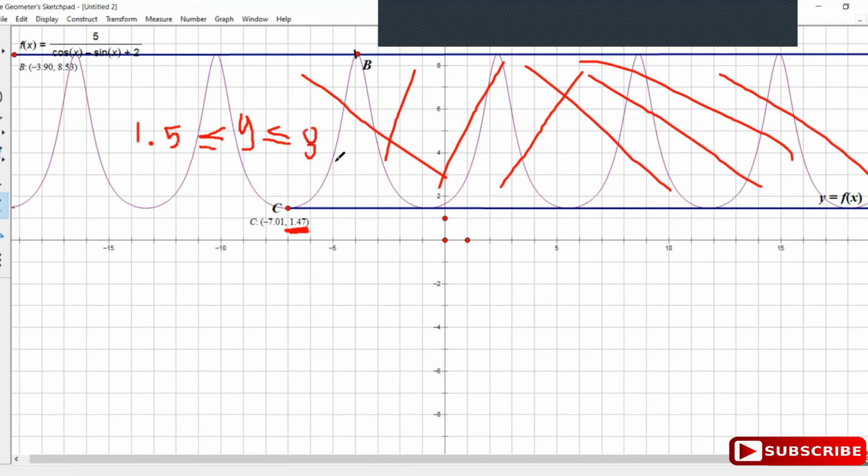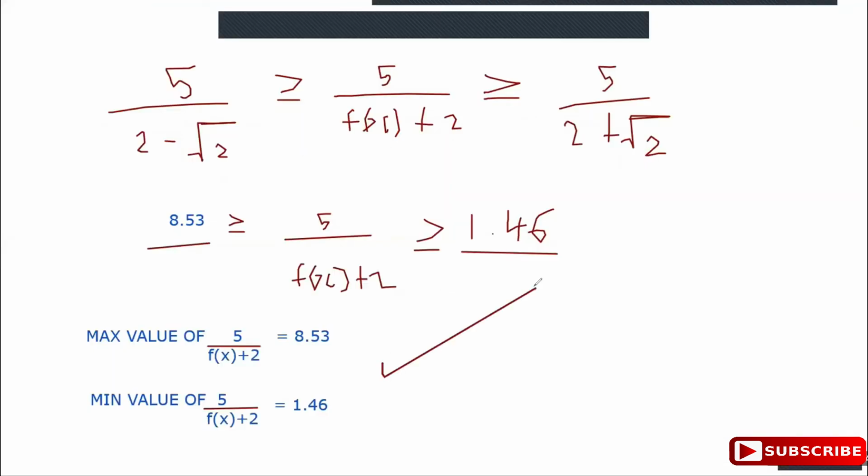So the maximum is the 8.5 and the minimum is the 1.5. So indeed, our solution right here is true. Indeed, we are correct. Nice. That takes care of this example. Nice. So let's look at another question.